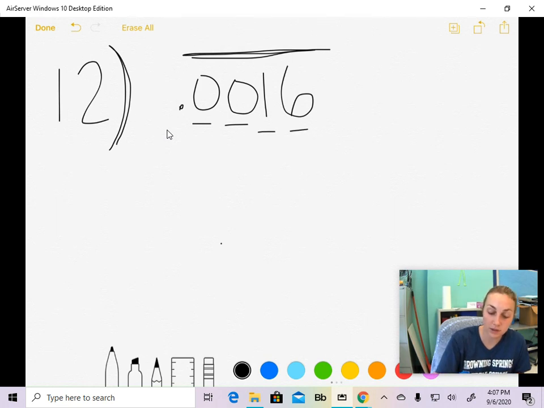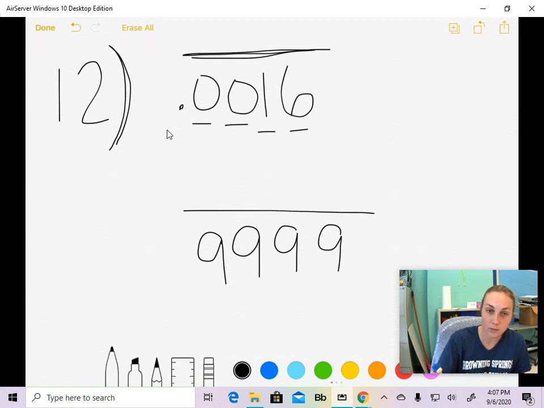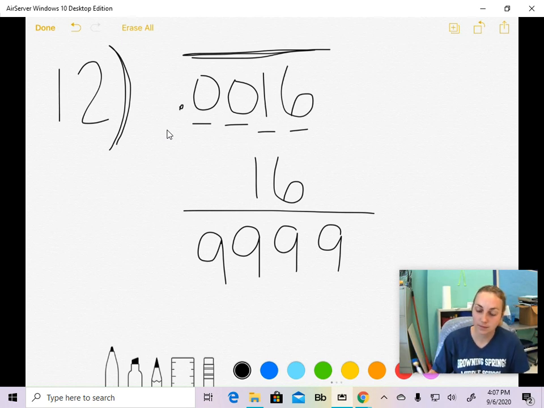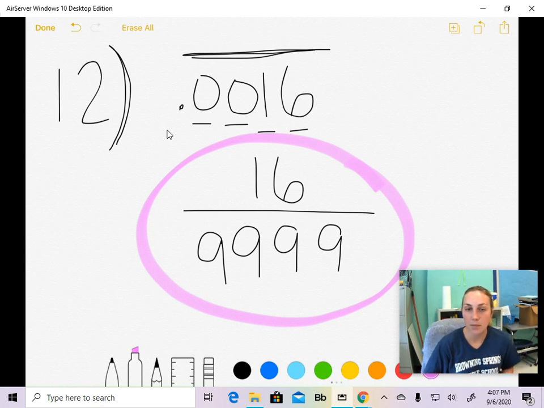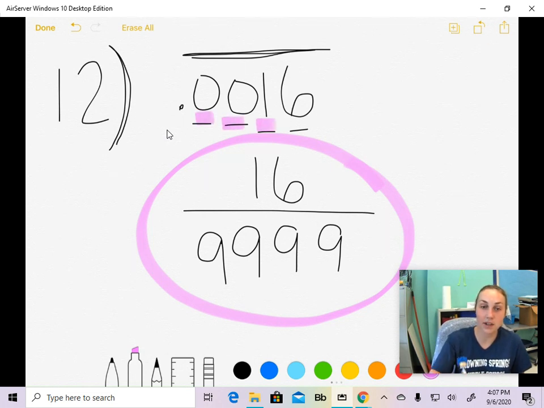So the denominator is going to be 4 nines. And the numerator is going to be 16. And that's just like a little trick. It's pretty easy. Whenever you see repeating, the denominator is always going to be nines. And then you put as many nines as the denominator as you see in the place value.